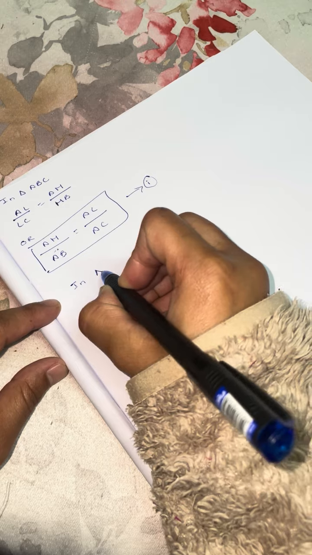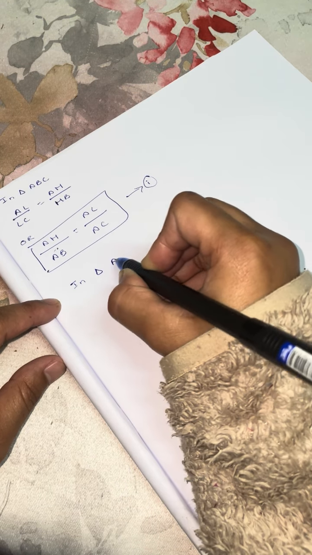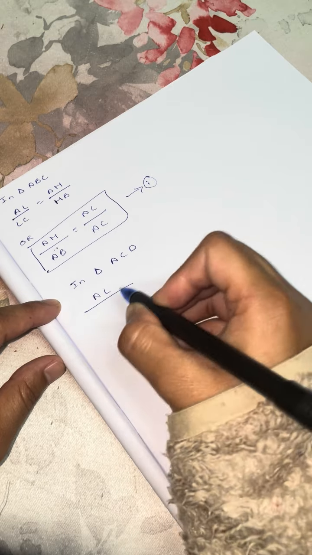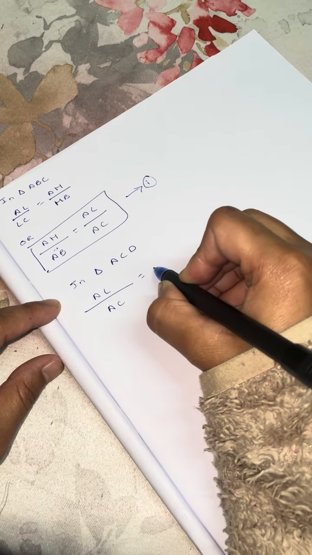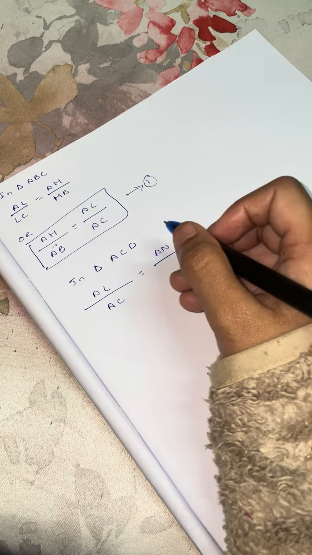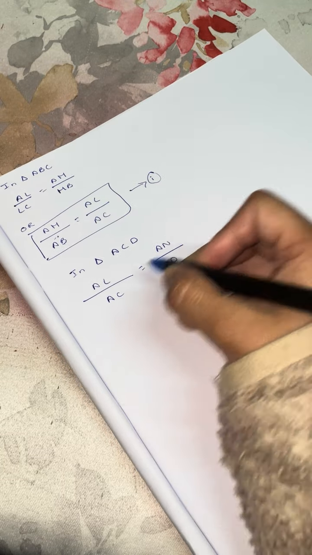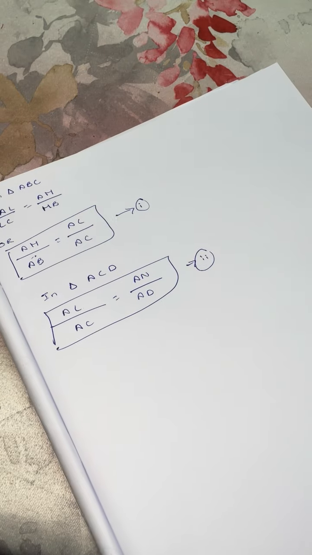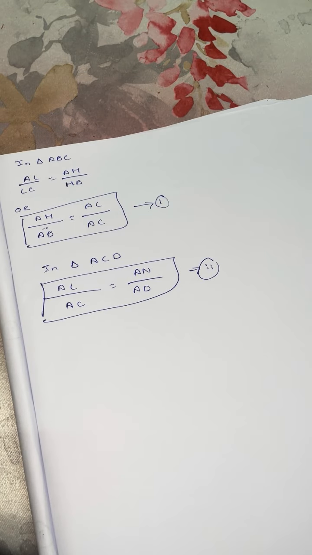In triangle ACD, we can say AL is proportional to AC equals AN over AD. This is equation 2. Let's compare equation 1 and equation 2. Do we see something?